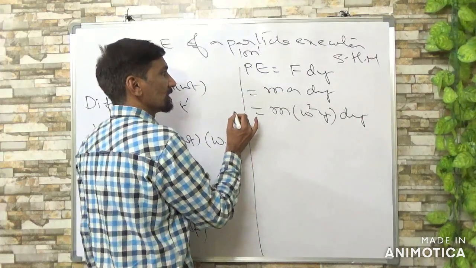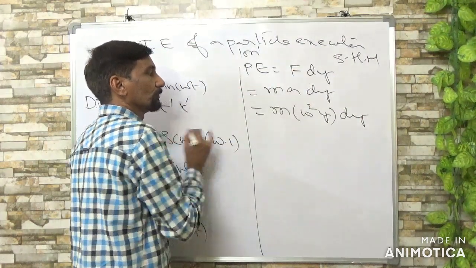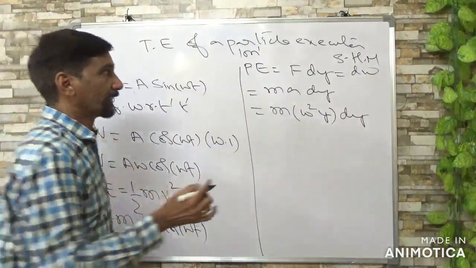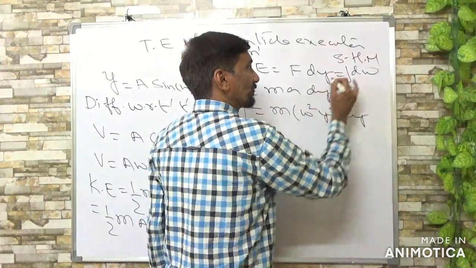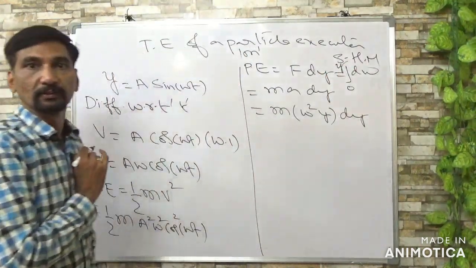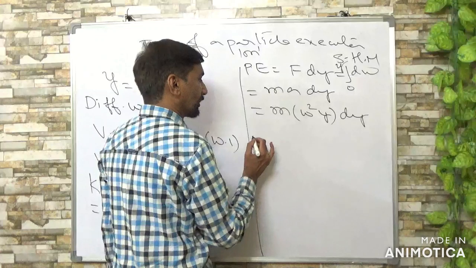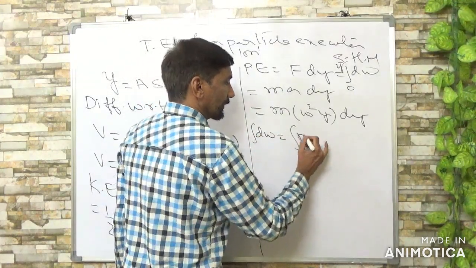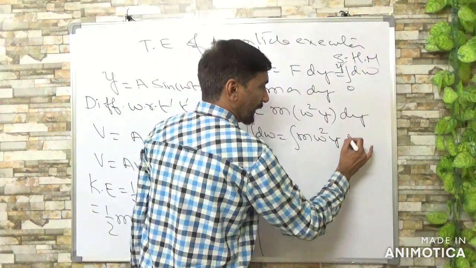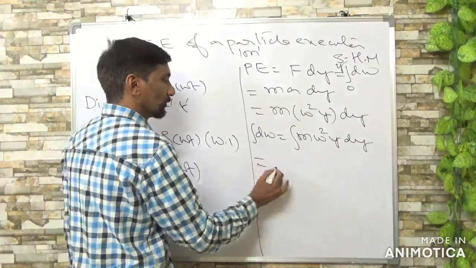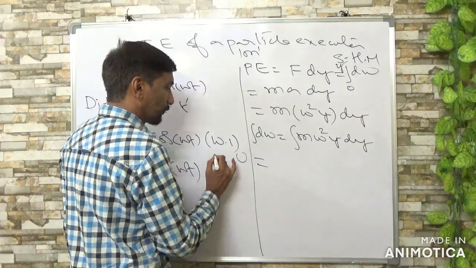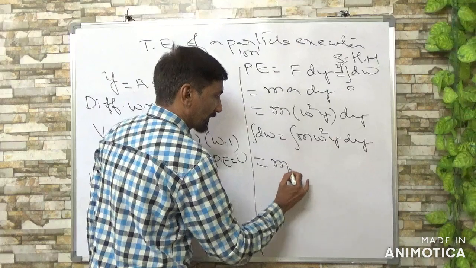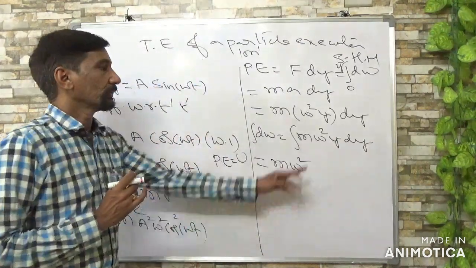So this is the small work done. But you want to find work done in displacing from 0 to y, right? So when you integrate on both sides, m omega square y dy, the total work done or potential energy is equal to m omega square times the integral of y.